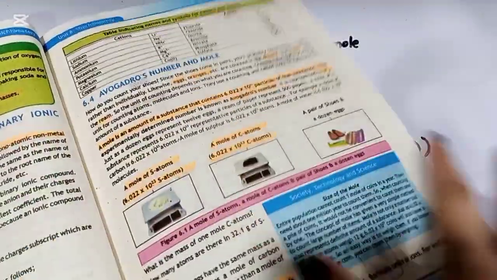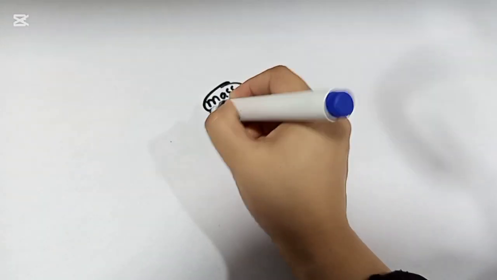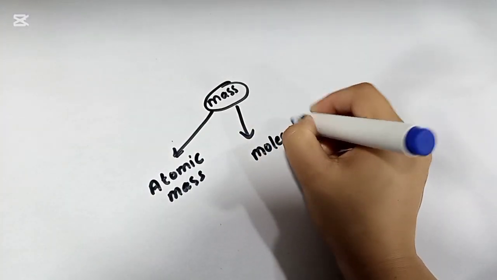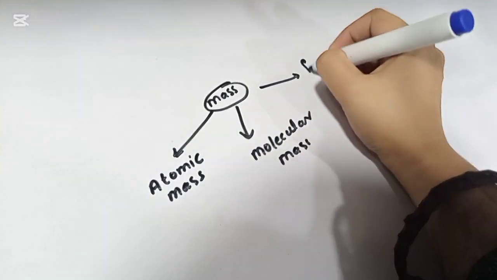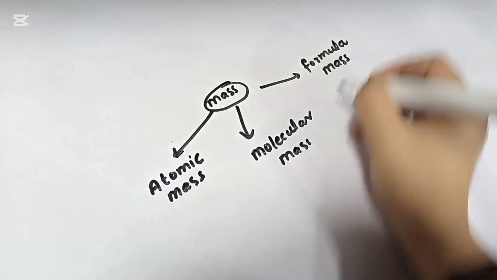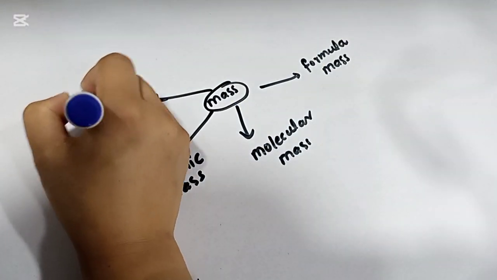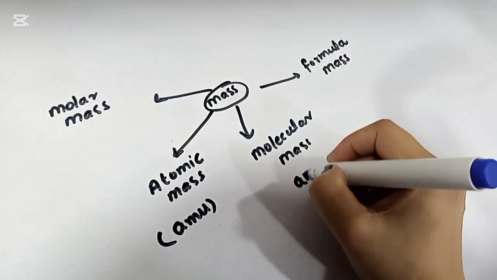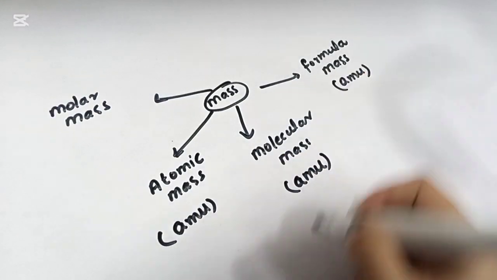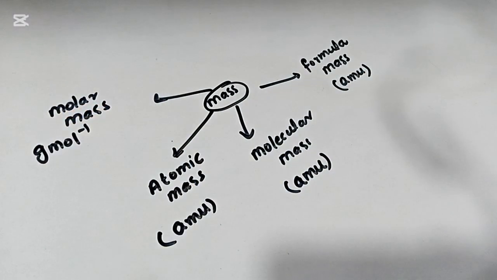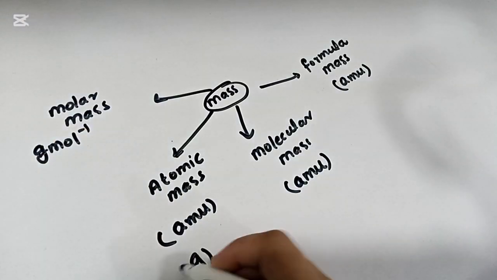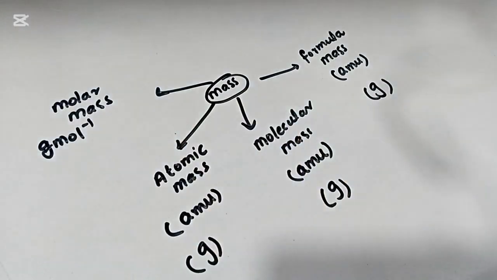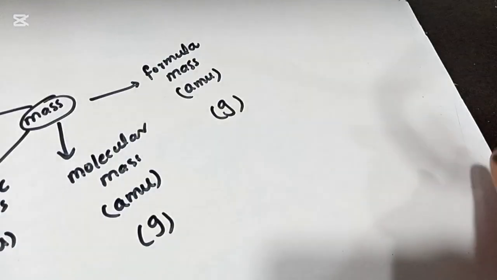On the next page, we will summarize the atomic mass, molecular mass, formula mass, and the molar mass. Atomic mass is expressed in AMU. Similarly, molecular mass and formula mass use the same unit, but molar mass is represented in gram per mole. You can also use gram only instead of AMU.